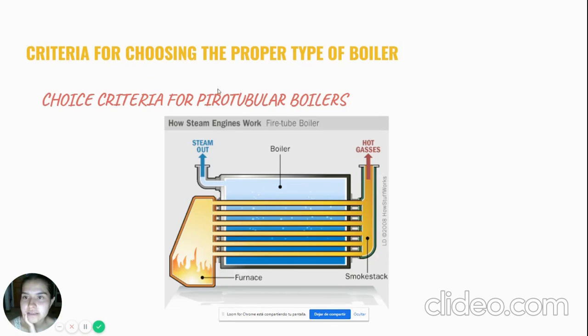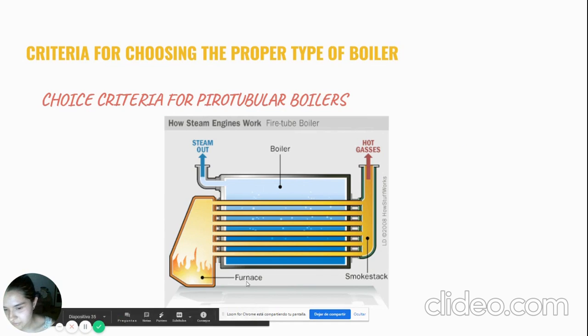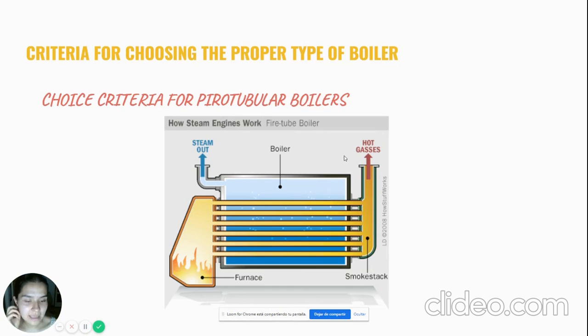Criteria for choosing the proper type of boiler. Criteria for fire tube boilers. This is a boiler and it has the furnace, the smoke base, the hot gases and steam out. These are used to take advantage of hot gases or liquids at high temperatures.